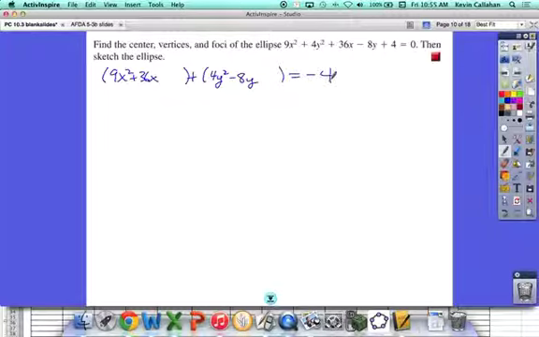Okay, then what? Factor out the coefficients of the squared terms. For the first set of parentheses, it'll be 9 times x squared plus 4x. And the second, 4 times.